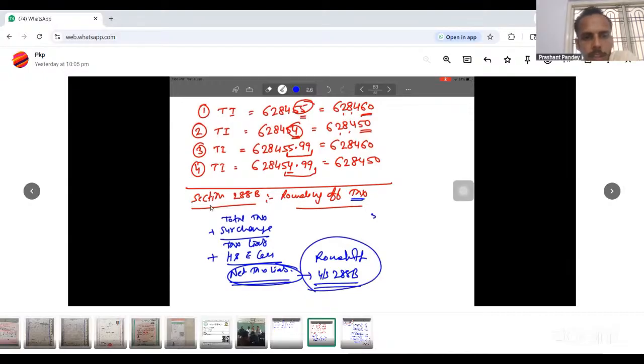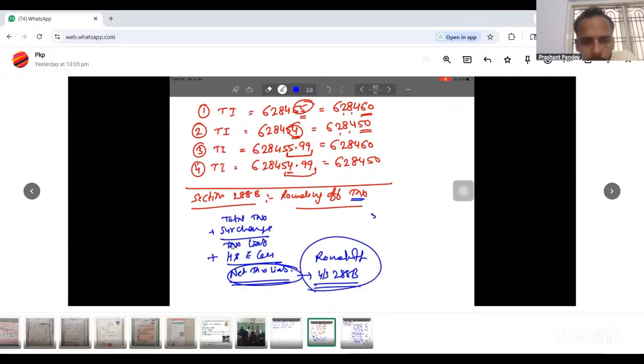In the same way, there is a mechanism given for rounding of the taxable income. For example, from the total taxable income, we add surcharge and we get the tax liability.